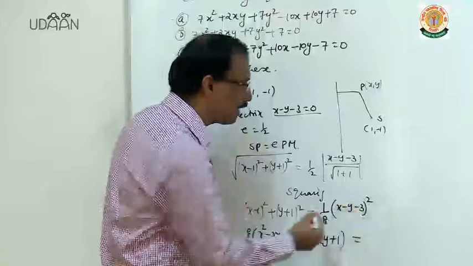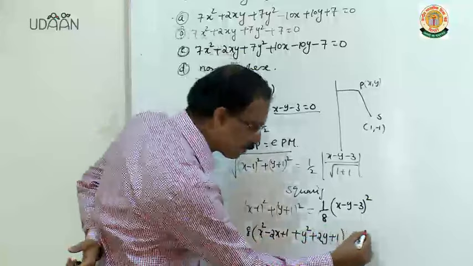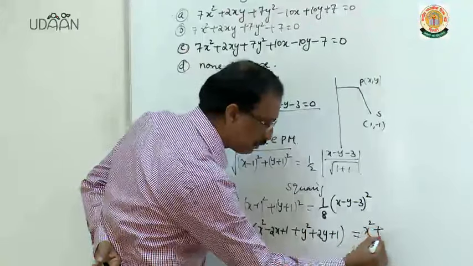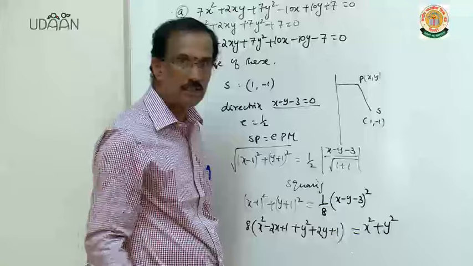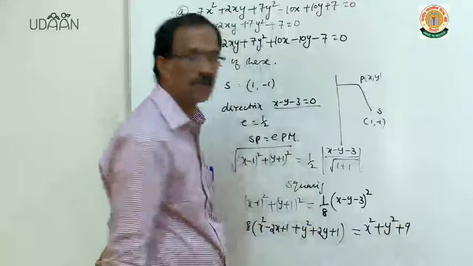this, which looks like the (a plus b plus c) whole square format. So a square, that is x square, plus b square, that is minus y square, plus c square, that is 3 square, 9.